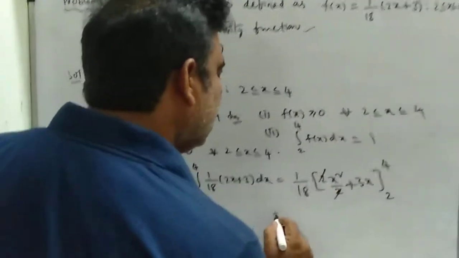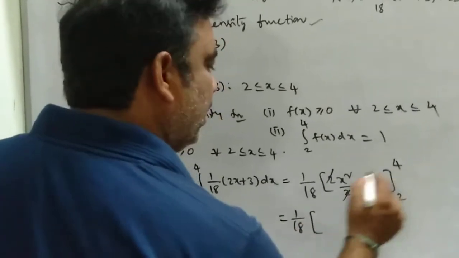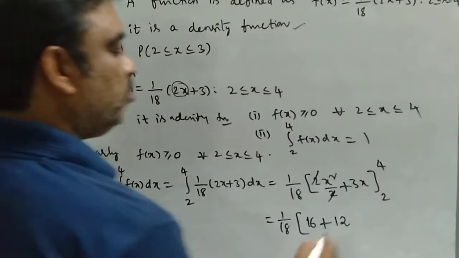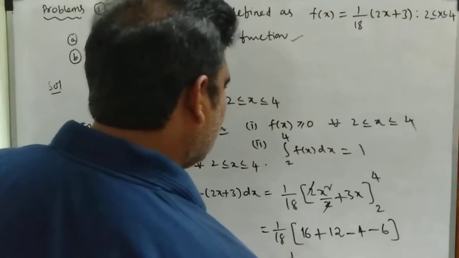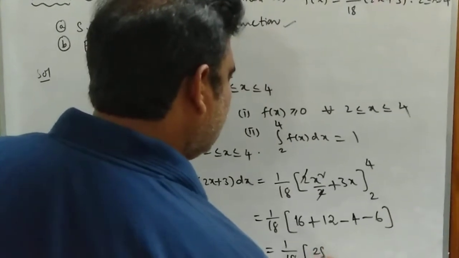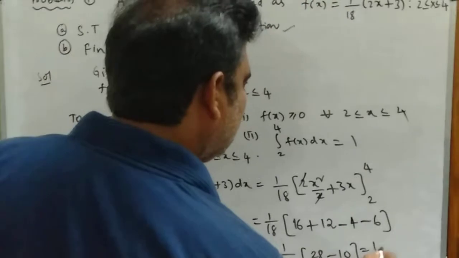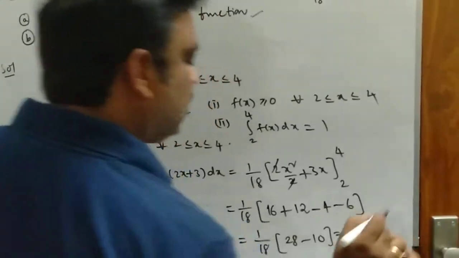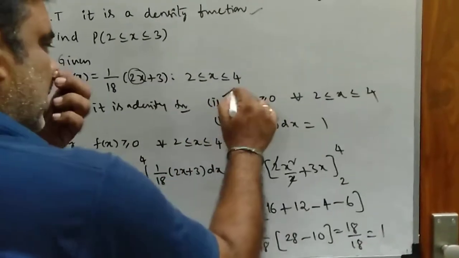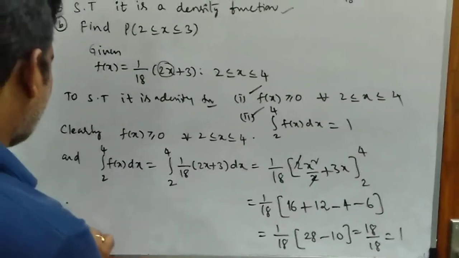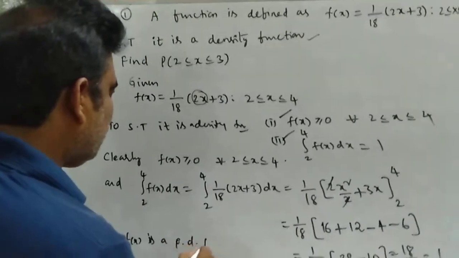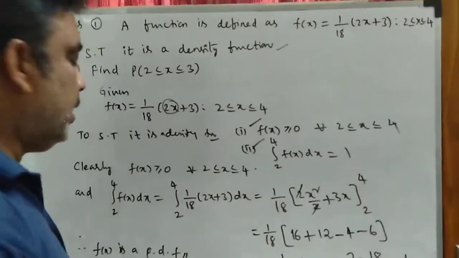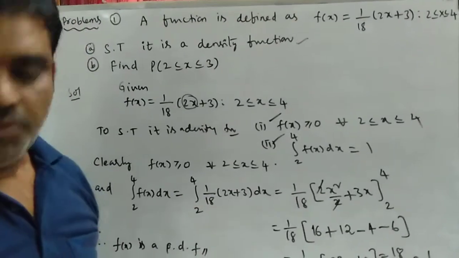So 2 cancels, 1 by 18, upper limit 4 square is 16 plus 3 fours are 12, minus 2 square is 4 plus 6. That is 1 by 18 into 28 minus 10, that is 18 by 18, that is equal to 1. So the two conditions are satisfied. Therefore, what is our conclusion? F of x is a PDF, probability density function.